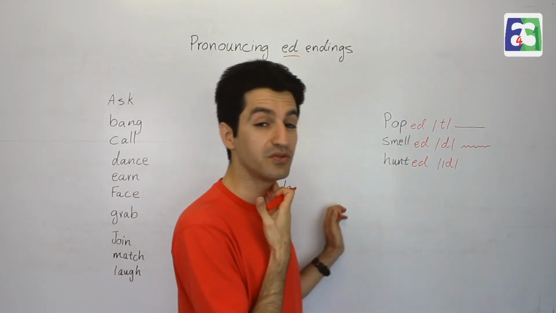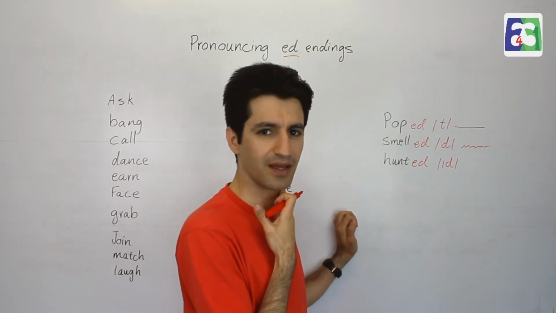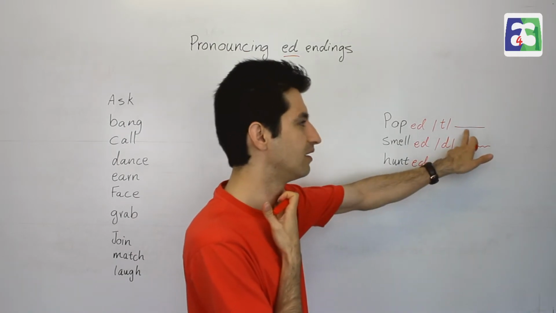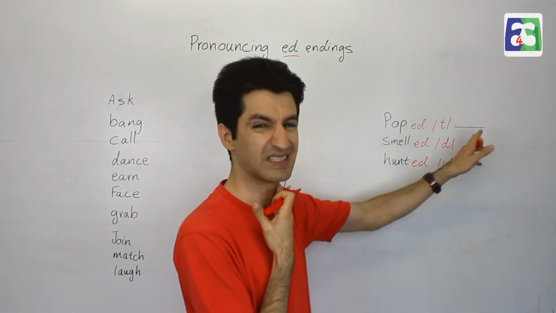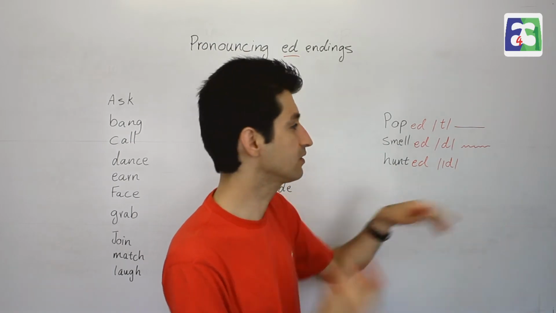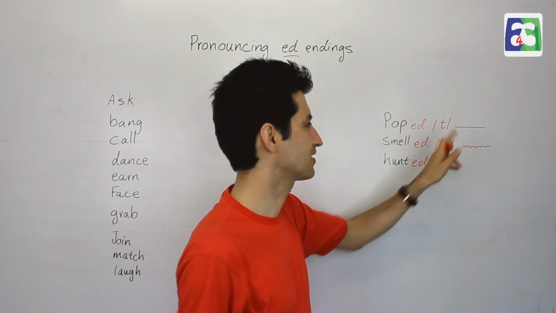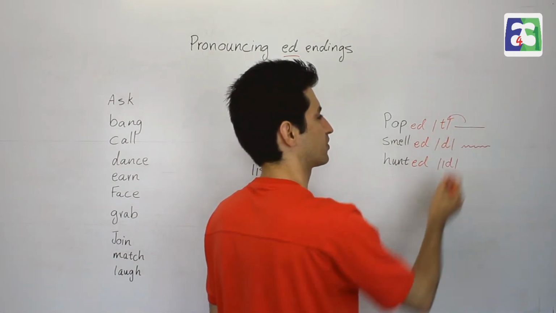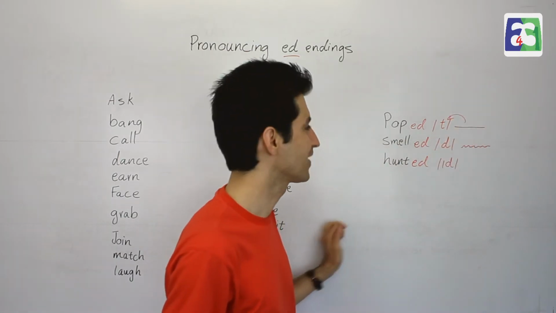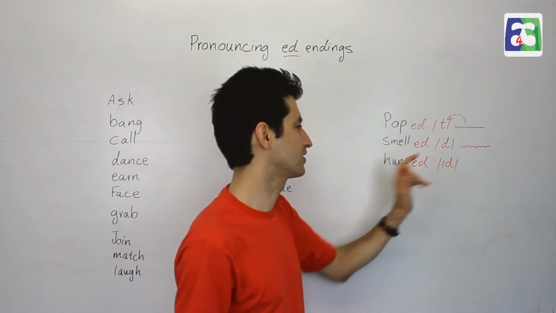So, if you pronounce something and you find out that it is voiceless and there is no vibration over here, then the ed added after that letter should be pronounced as t. Should be pronounced this way, t. Okay? This is the rule for these ones.